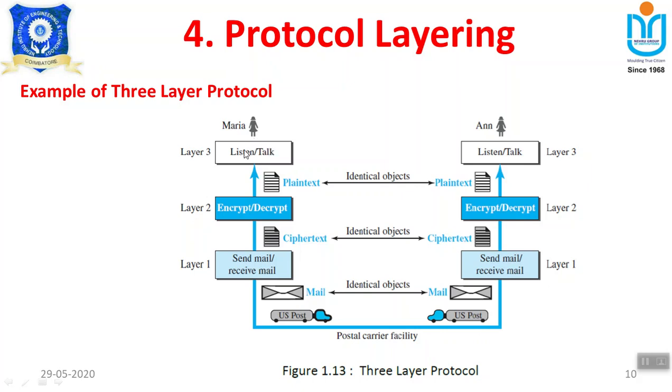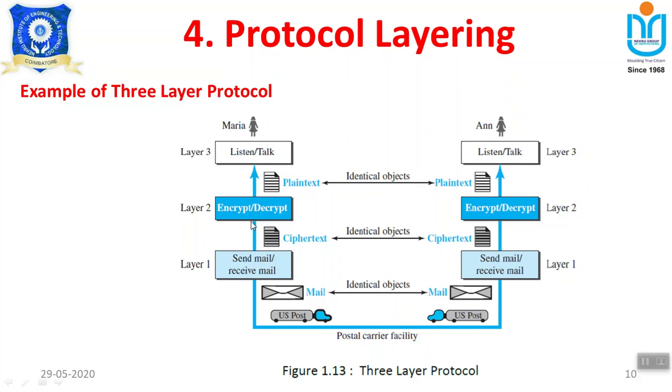Whenever Maria is going to receive some information, she should be in listen mode. Is it not? In a telephone conversation, one person talks and the other person listens. The receiver should be in a listen state. In the same way, Maria wants to send some mail to Anne, so she should be in talk mode, and that is in layer 3.